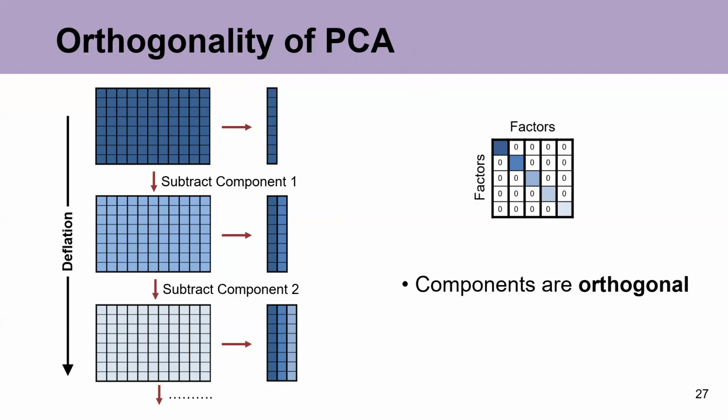There's no information from component one left at this point, right? So that means when I get my second component, it's not going to be correlated with component one at all. So what I'm showing you is that this process of subtraction is what ensures the components are orthogonal. And this is actually a process that you can do with iteration to estimate your PCA results.